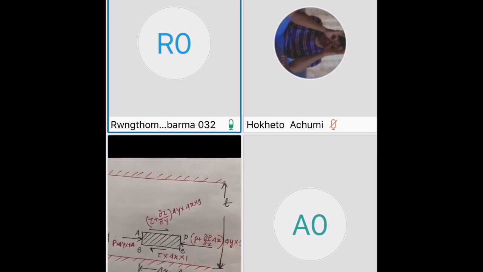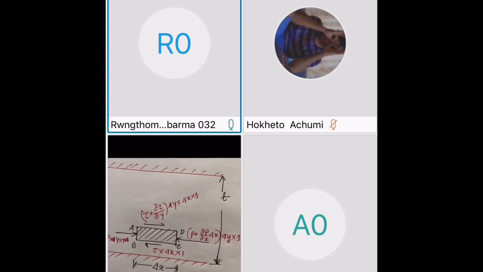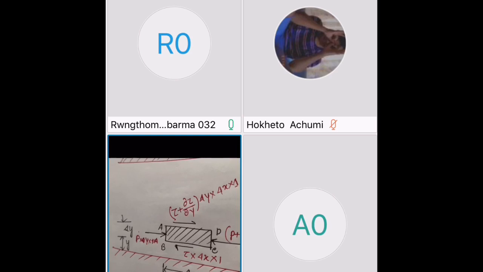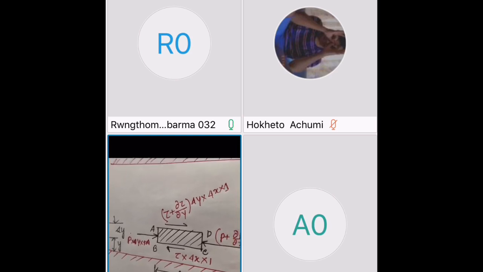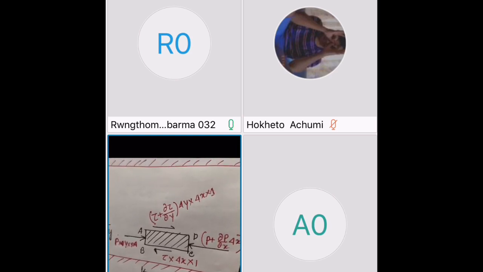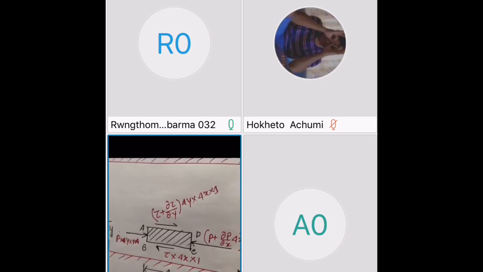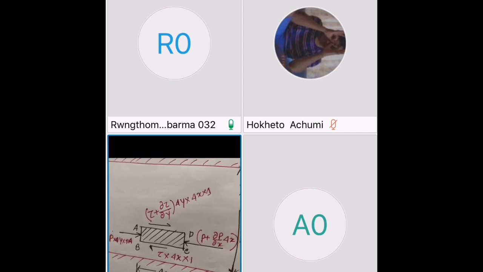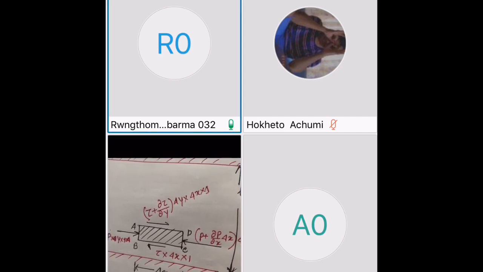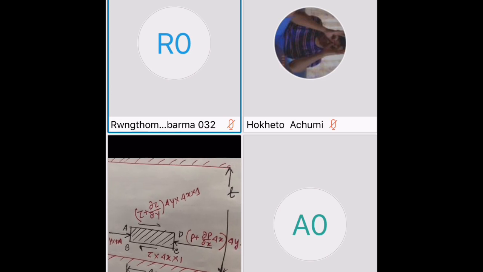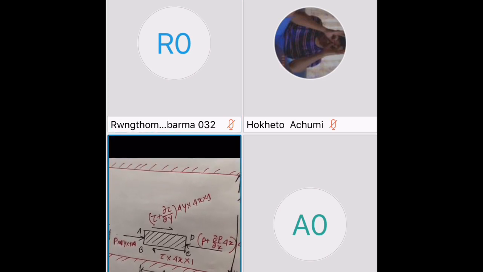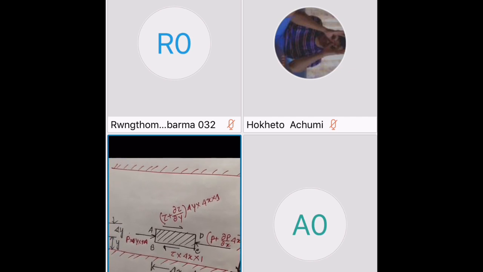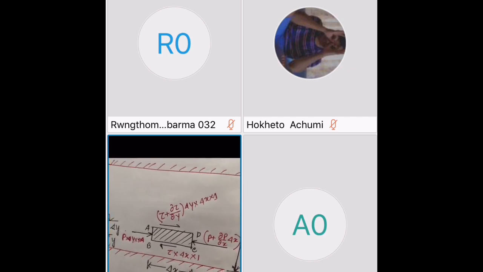If you calculate all the terms, if you solve it, then you will get minus del p by del x into del y plus del tau by del y into del x equal to 0. After solving further, we will get an equation like del p by del x equal to del tau by del y, okay.